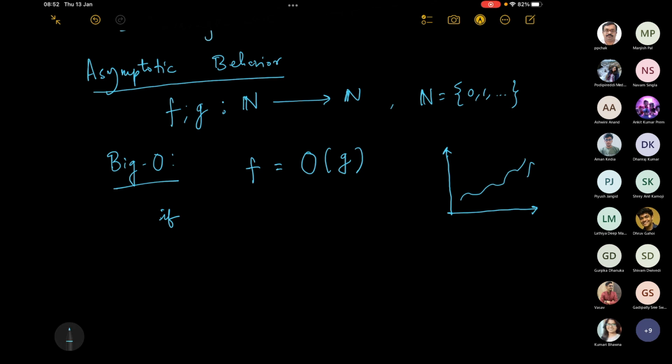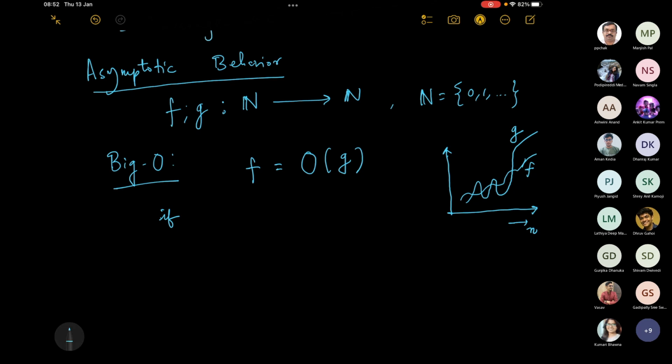Suppose this is f and this is g. So f is big O of g means that initially, for small values of n, f can take more value, g can take more value, and so on.